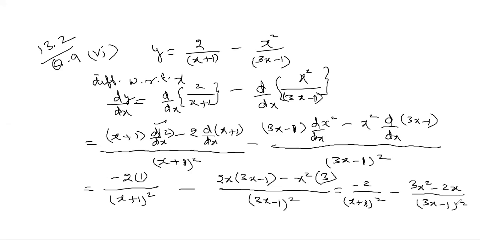This is your answer. You can take x common, that's all. Otherwise, it's okay. So minus 2 divided by x plus 1 whole square, and minus x is common, so 3x minus 2 divided by 3x minus 1 whole square.